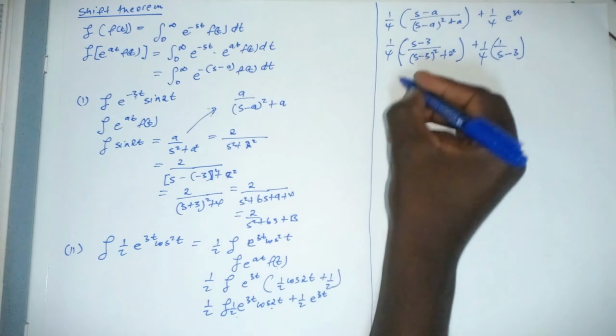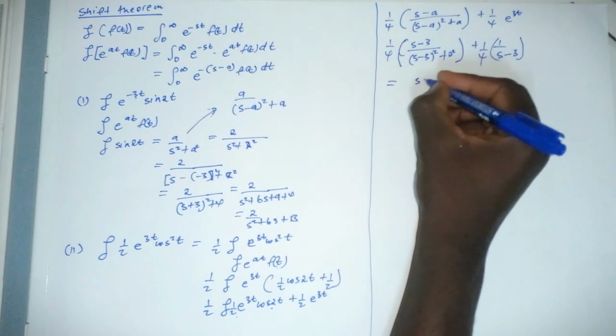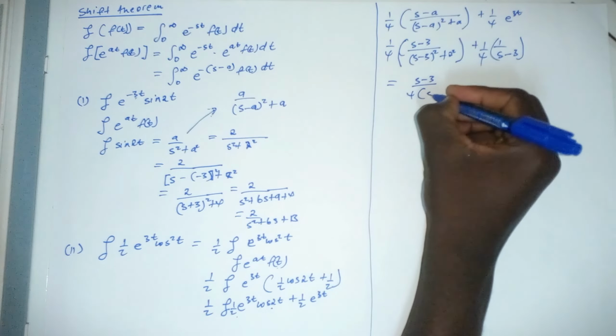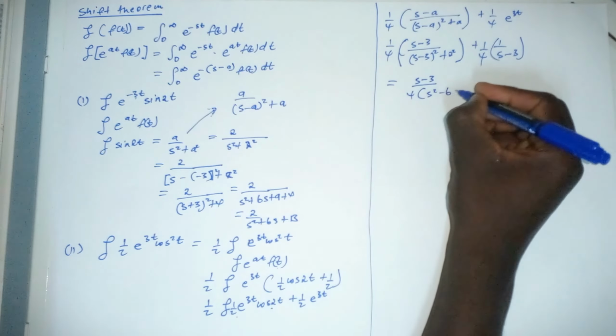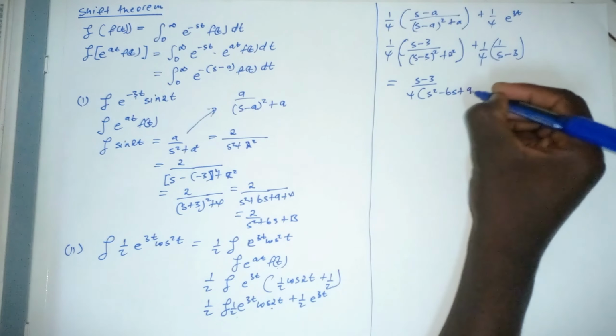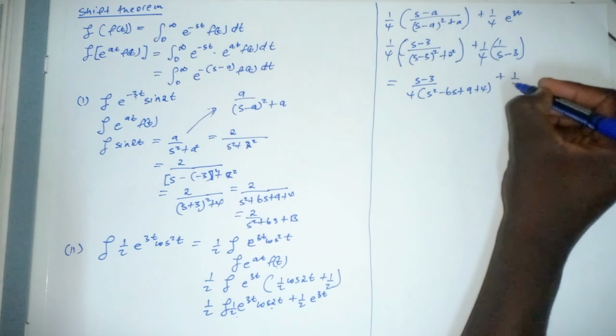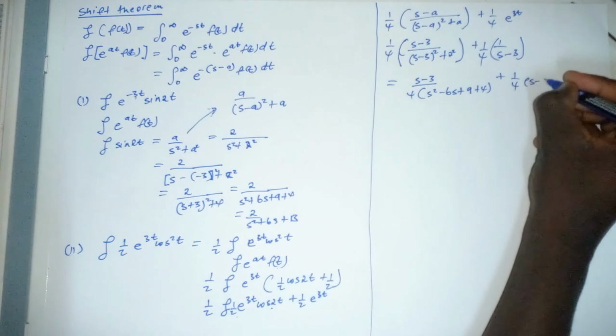Okay, and now we're going to simplify here. This is going to be s minus 3, and we have 4, and it's going to be s squared minus 6s plus 9 plus 4 plus 1/4 of s minus 3.